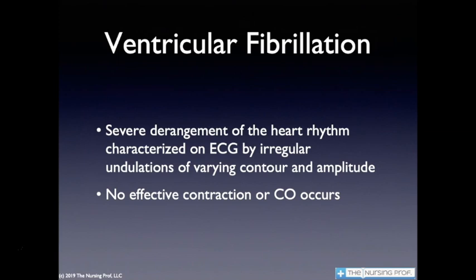In VTach, we had an aberrant pacemaker that was firing off the heart and getting it to contract. Now, again, we lose our atrial kick, but at least we had the ventricular contraction. In this case here, though, in ventricular fibrillation, the heart is just sitting there quivering because these little impulses that are shooting off all over the place are not actually causing a contraction.